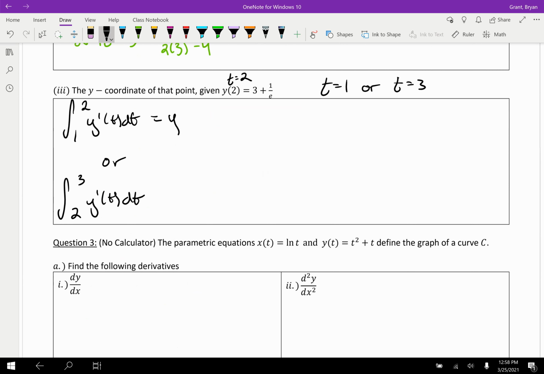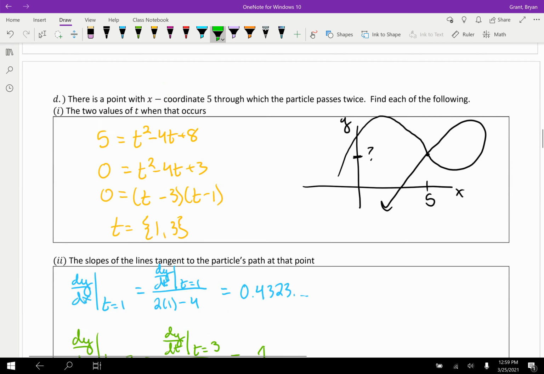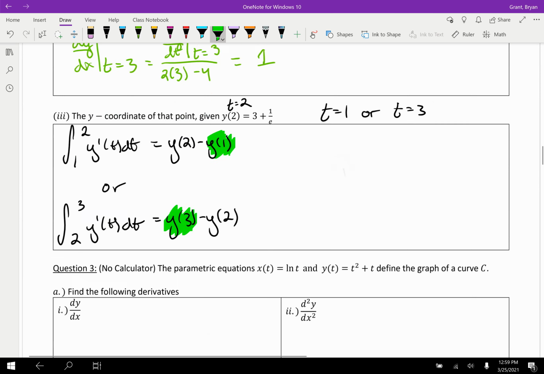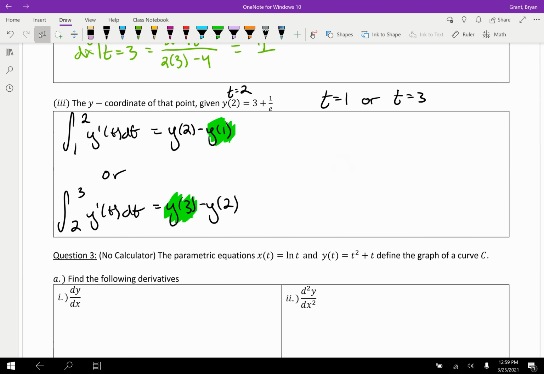And so this would give us y of 2 minus y of 1. Or on the other hand, you'd get y of 3 minus y of 2. What am I looking for? Well, in the top equation, I'm looking for where y is located at 1. In the bottom one, I'd be looking for where y is located at 3. We already said they're in the same spot, right? That's right here. So those should give us the same answers. And in fact, I've done this several times. They do give you the same answer.